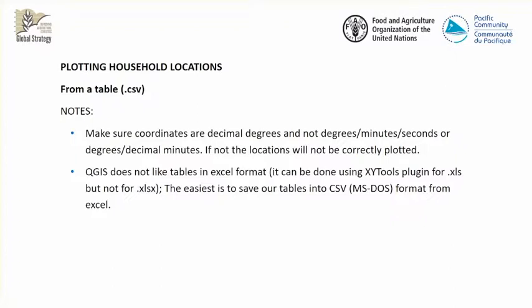So, just a quick tip, okay? Make sure that, well, here in the exercise everything is already working, crossing fingers. We have to be sure that the coordinates are in decimal degrees and not in degrees and minutes. When we collect data from GPS, you can choose different ways of writing the coordinate units.